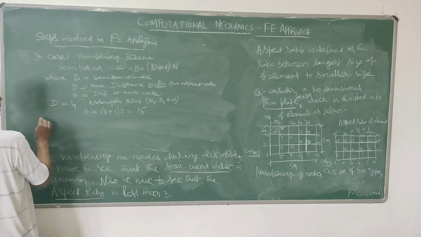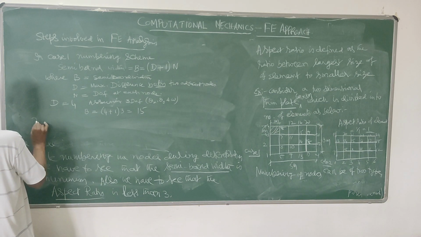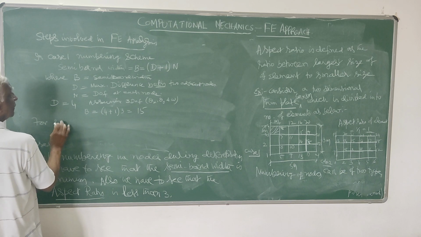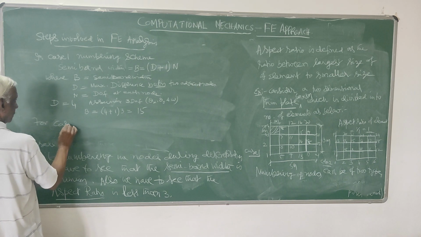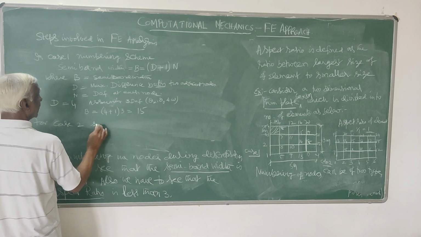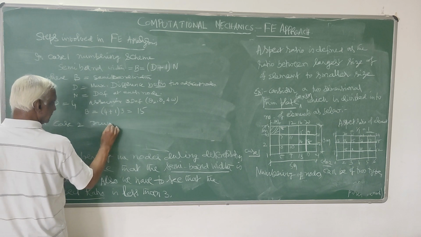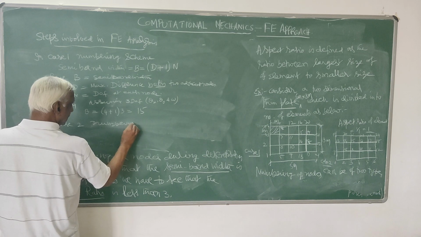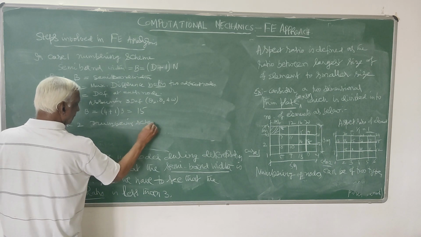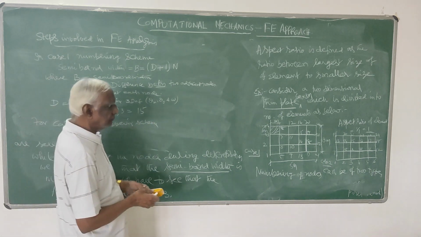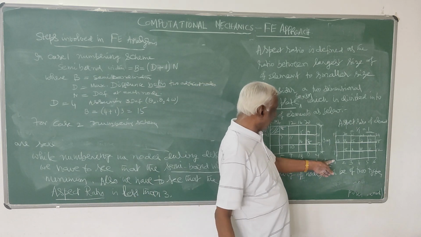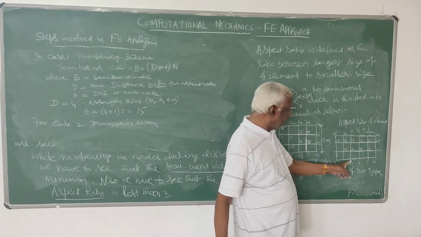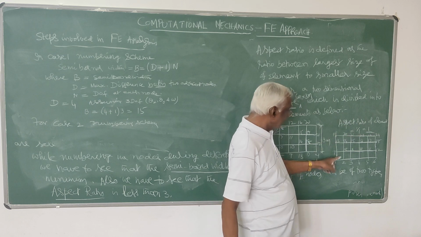Whereas for case 2, the numbering scheme, you observe the difference. Here it is 1, 1, 1, 1.